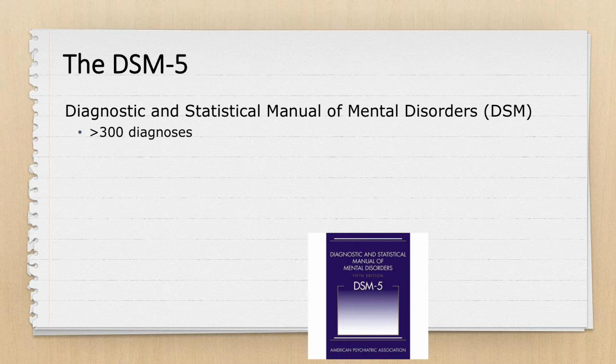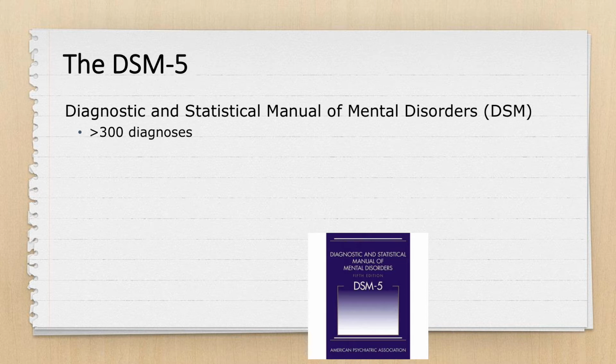Today, the Mental Health Bible is the DSM, Diagnostic and Statistical Manual of Mental Disorders. Mental health professionals use it to diagnose mental disorders. Its first version was released in 1952, and we are now on our fifth version, the DSM-5.